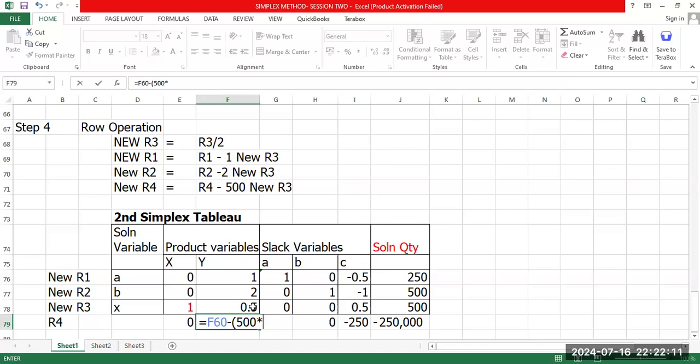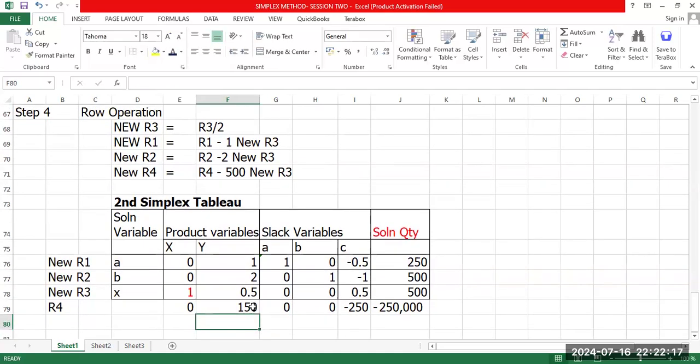So you write 0.5, then close bracket and press equal. Are you getting 150? Do this and see whether you are getting negative 250. I got it.